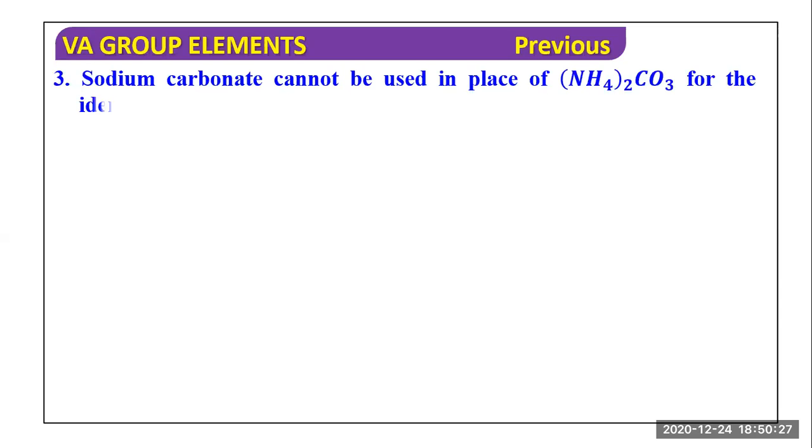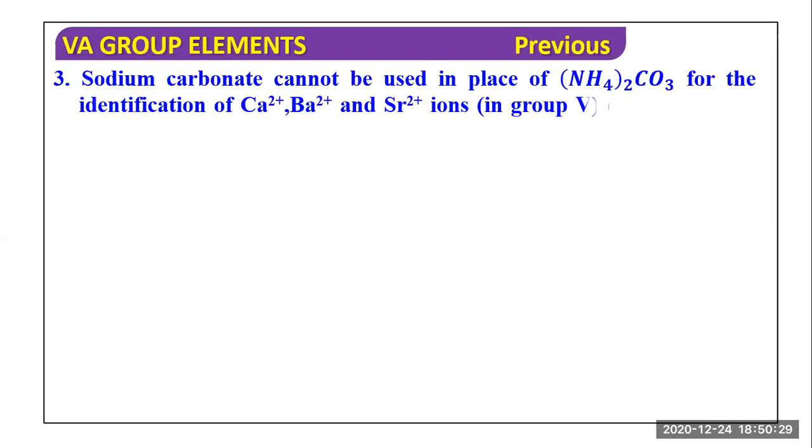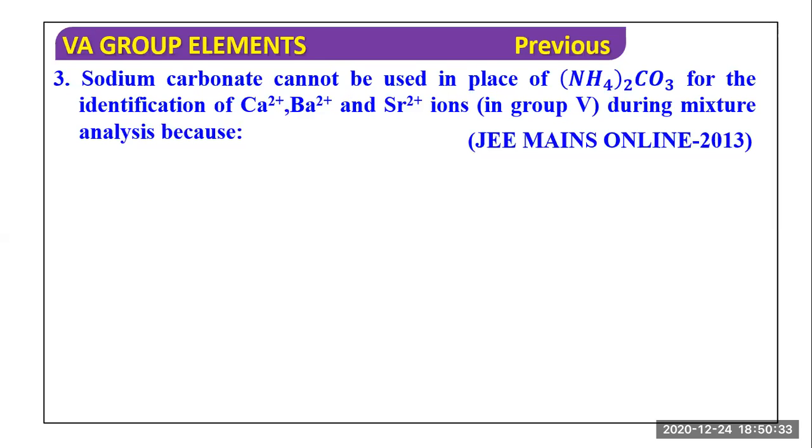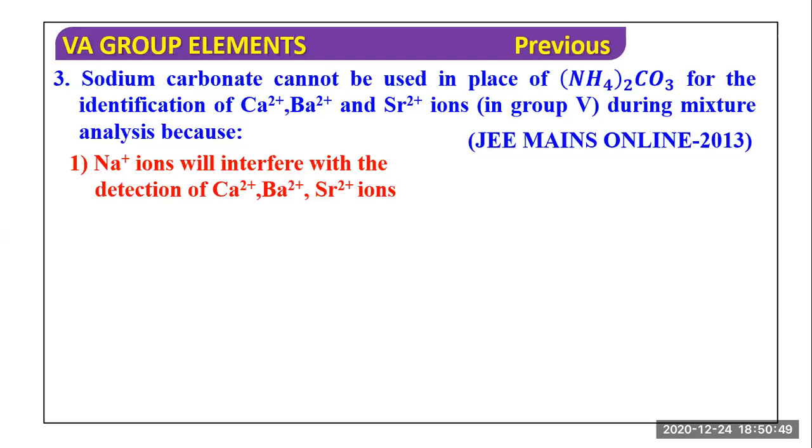The next question is, sodium carbonate can't be used in place of ammonium carbonate for the identification of calcium 2+, barium 2+, strontium 2+ ions during mixture analysis, because: first one, Na+ ion will interfere with the detection of calcium, barium and strontium.